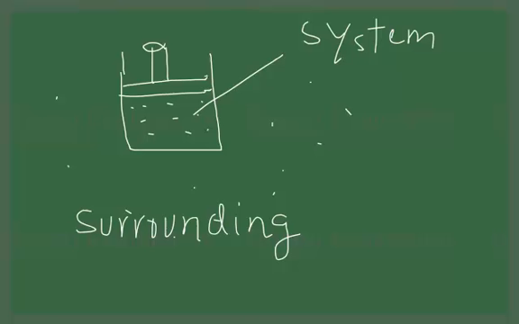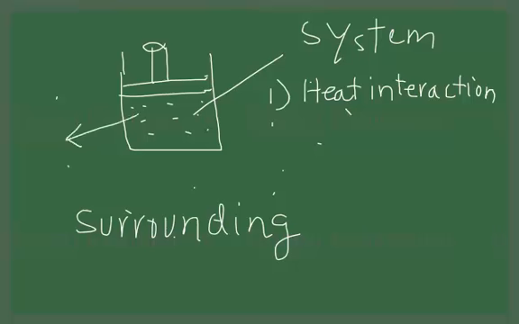So first interaction we can have is heat interaction. It means that heat can flow out of a system into the surrounding.